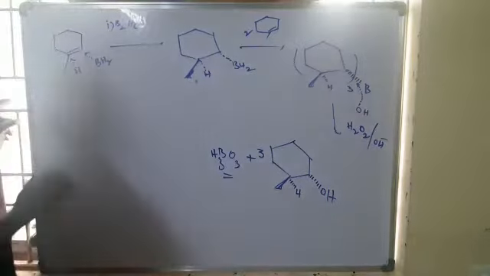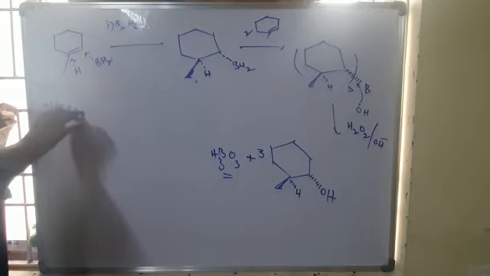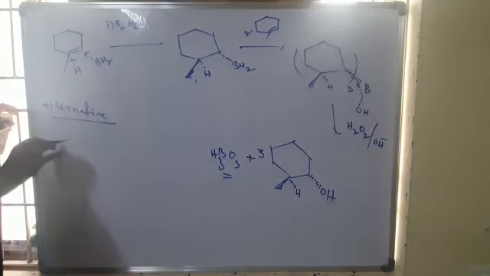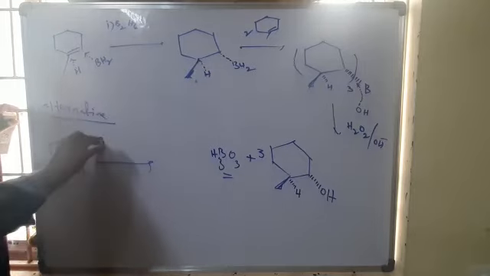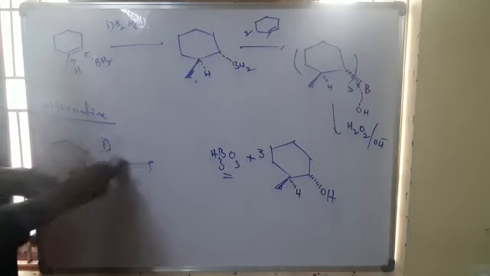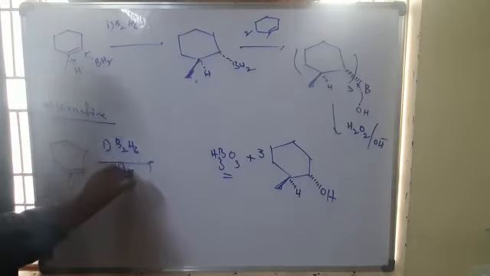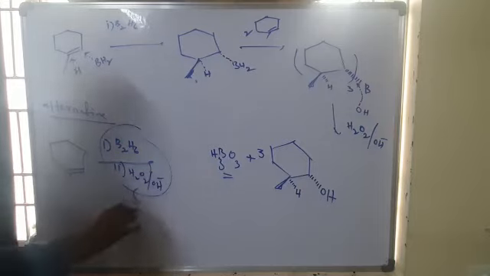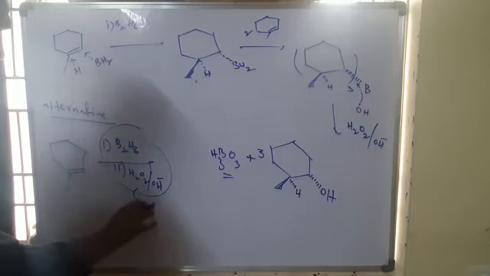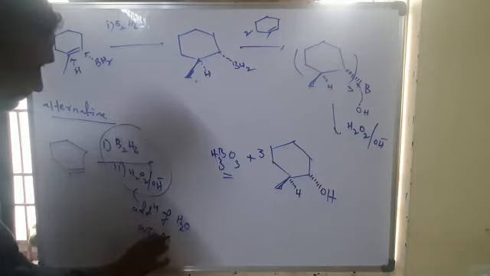So alternatively, if I take this same substrate and use B2H6, and in the second step H2O2 with OH minus, this total reagent finally gives addition of water according to the anti-Markovnikov rule.